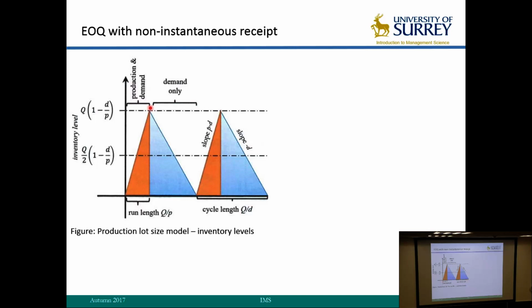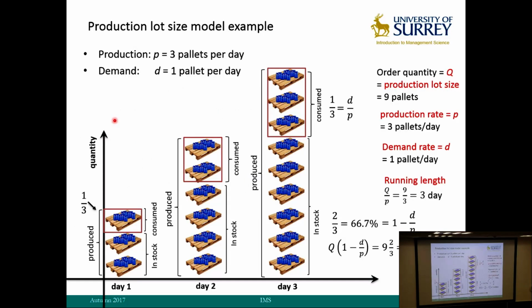So now let's take a look, see how we're gonna find out those quantities. And for this, Q times 1 minus D divided by P, that's actually the total peak, the total amount of production we can aggregate after several days running of our production line. So how to find out this? This is actually from our very intuitive derivation of the equation, because every day we consume 1/3.